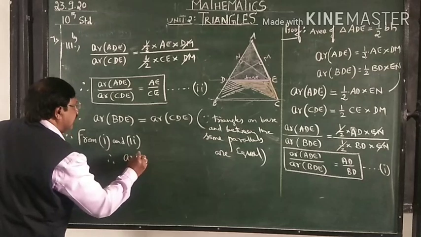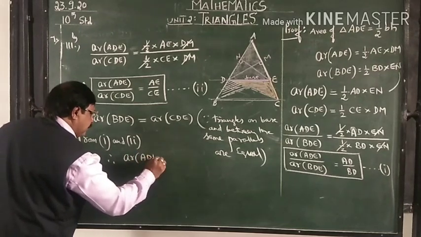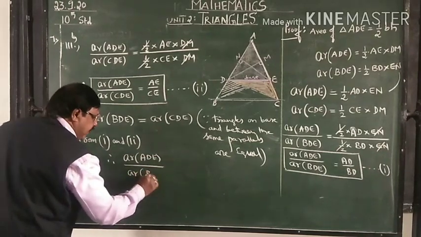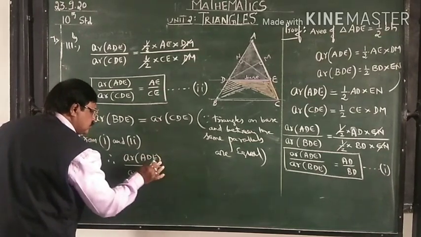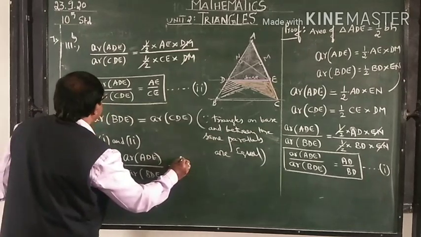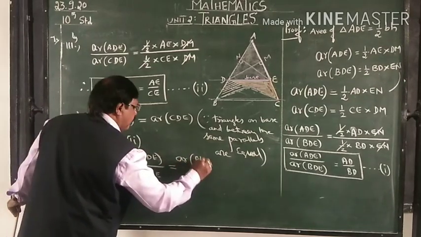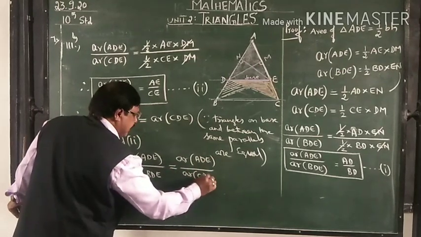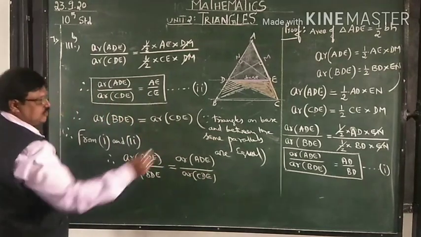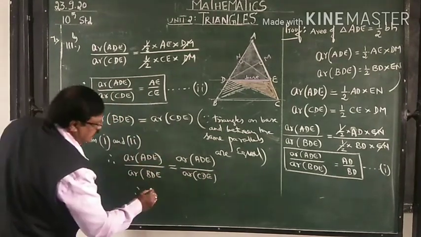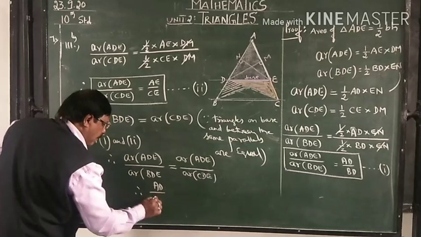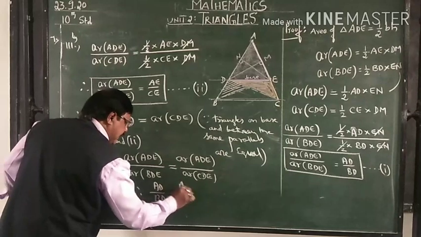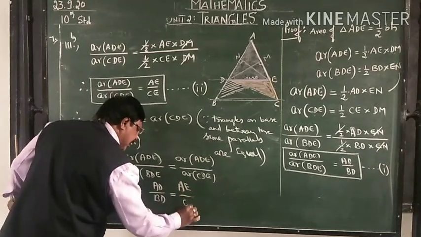Therefore area of ADE by area of BDE is equal to area of ADE divided by area of CDE, and therefore AD by BD is equal to AE by CE.